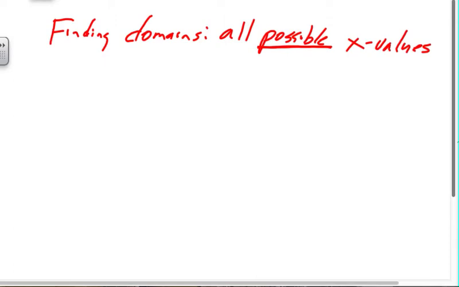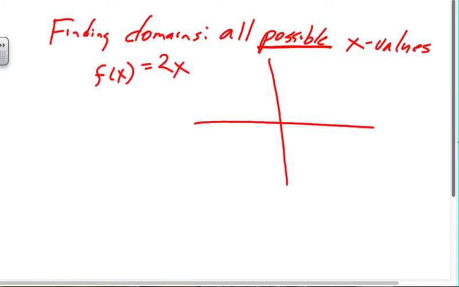Let's take a look at f of x is 2x. If we graph this thing, it's going to look like this. So one thing I do is I come back in, I take a look at what's happening on the left side.